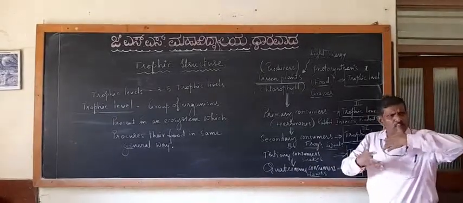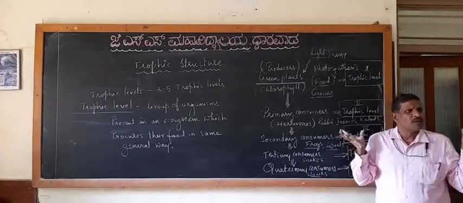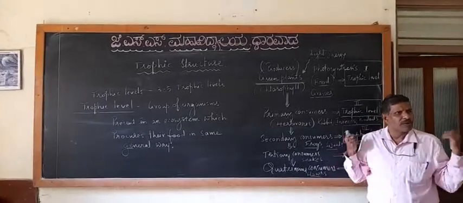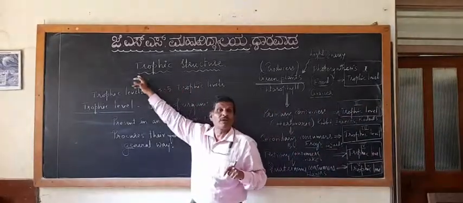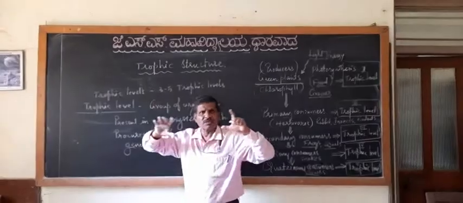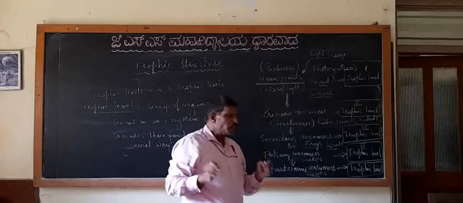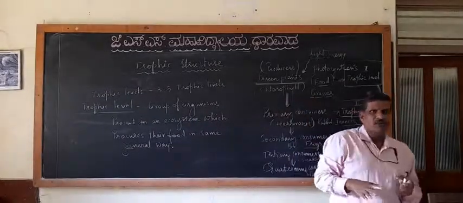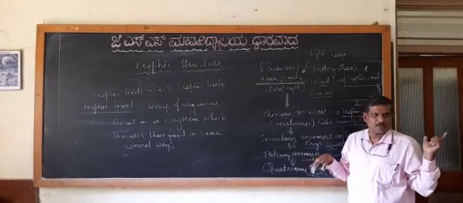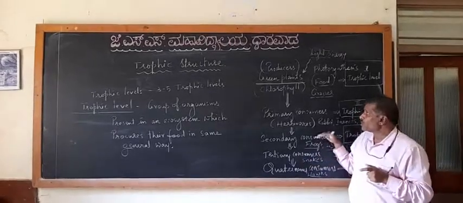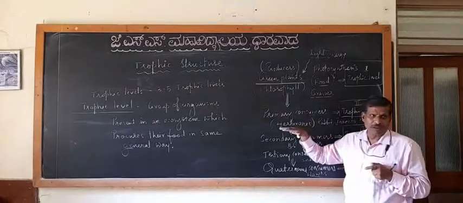How exactly the food is distributed to the organisms of various trophic levels constitutes what we call the trophic structure. Remember, trophic structure refers to the distribution of the food present in the organisms of different trophic levels in any ecosystem. This is with reference to the trophic structure and trophic levels.